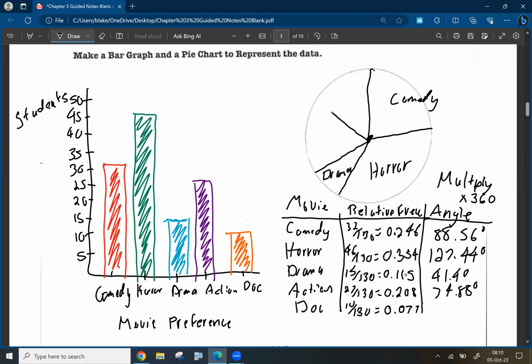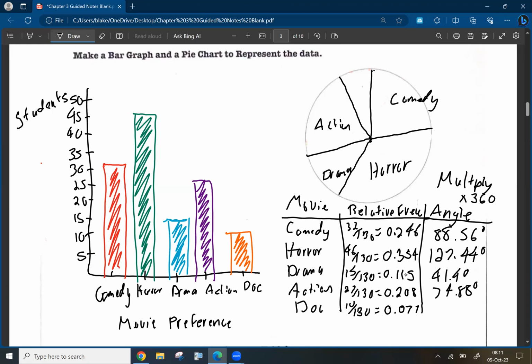It's going to be about that big. It should be a little bigger than that probably. I think I probably should have made the drama one a little bit bigger. So there's your drama one. There you go. So that's going to be for action.